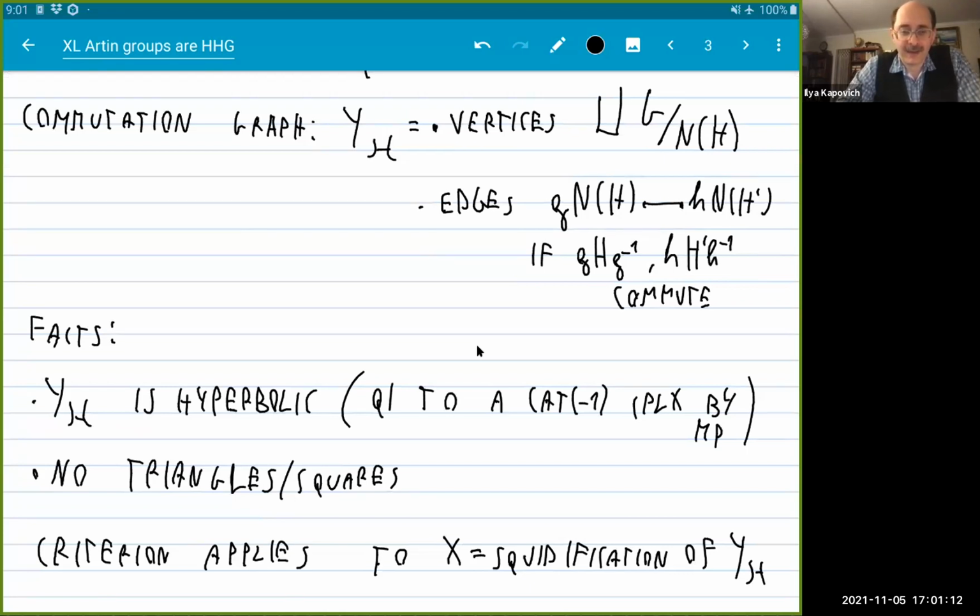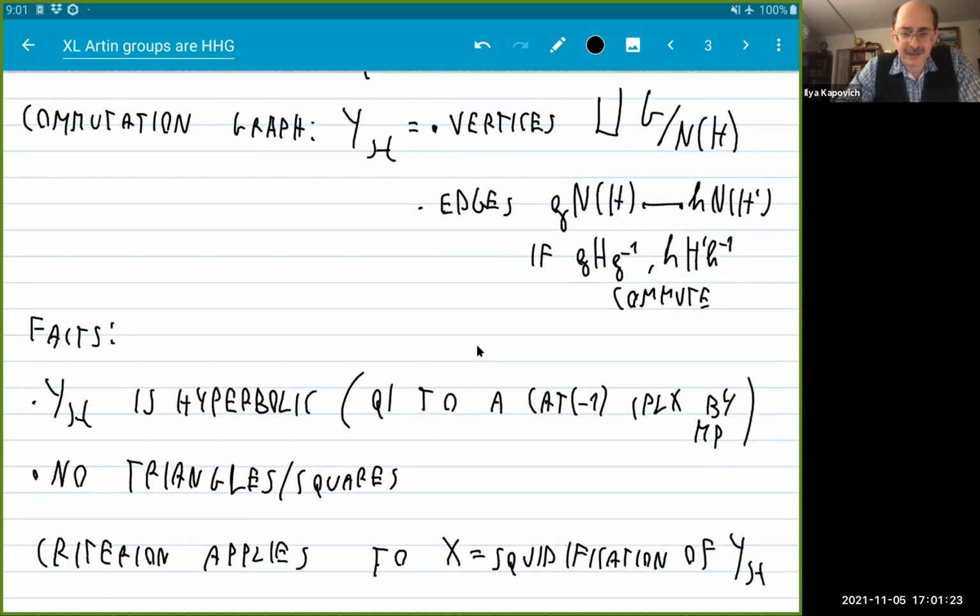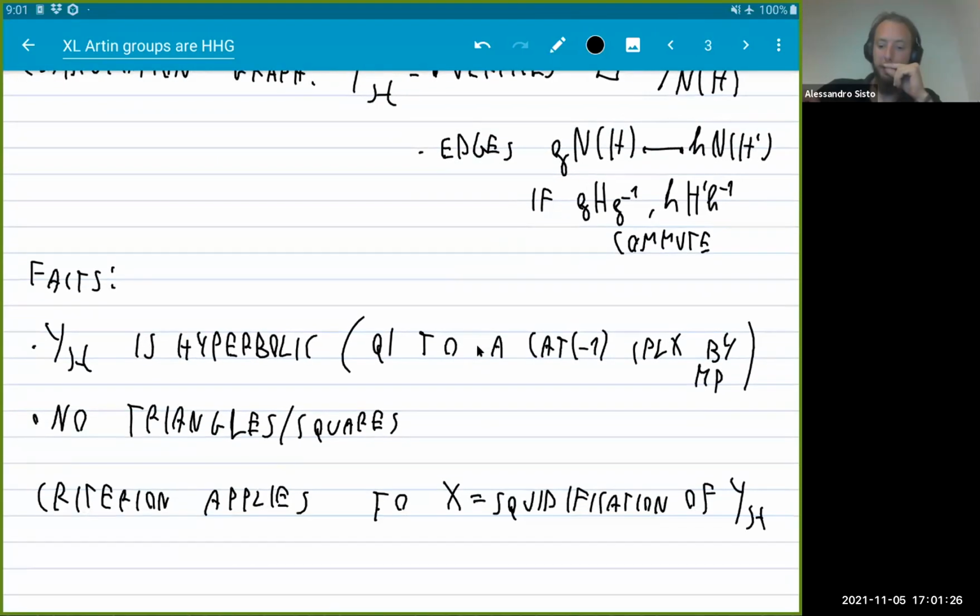So in this construction, I mean, in the application, how important was it to the Artin groups? Where was it important that they were extra large type? Okay.